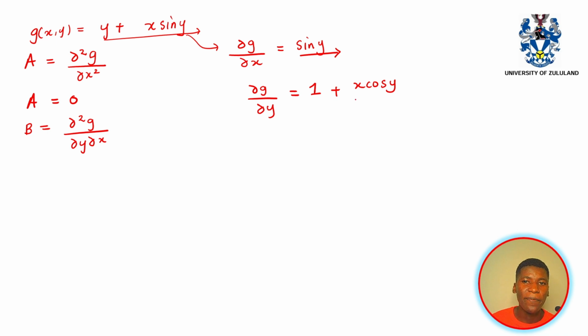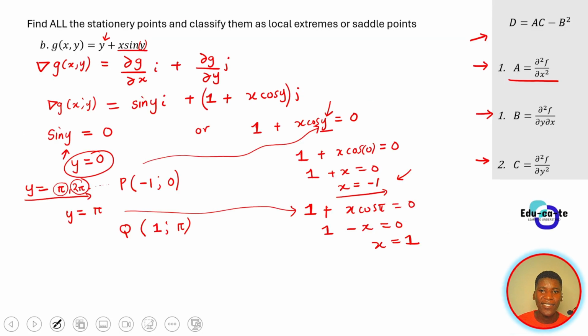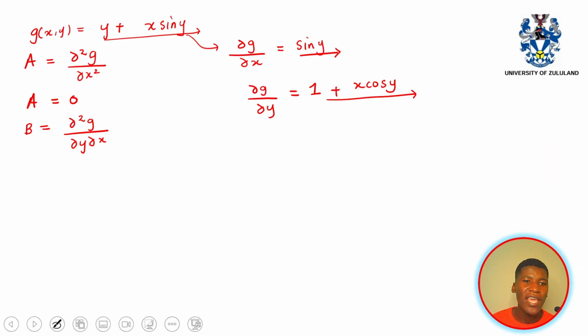So this is 1 plus x cos y. That's the partial derivative in terms of y. We are going to differentiate it with respect to x now.